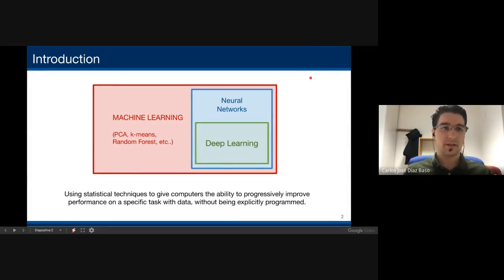Among those techniques, deep learning can be seen as a subset of neural networks, which is larger and more complex, and which shows a very good performance in terms of speed and accuracy. And exactly because of that, this field is continuously evolving and growing.